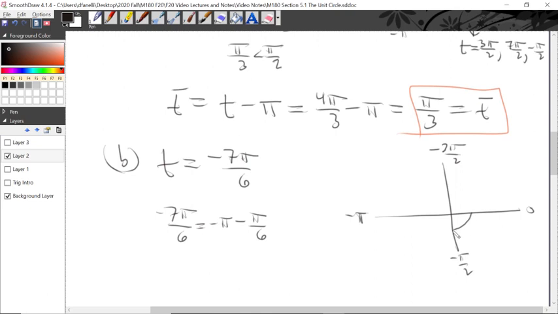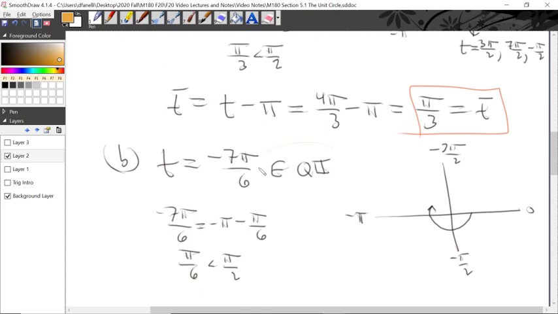So we are traveling a distance of pi, but in the negative direction, and then another pi over 6. Again, pi over 6 in magnitude is less than pi over 2, larger denominator, but the same numerator. So this puts us into quadrant 2.